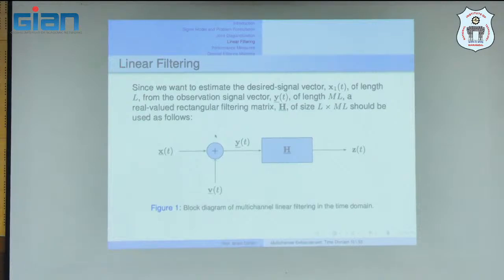Why is it easier to work in the transform domain instead of in the original time domain? Remember we started in the time domain, then we worked in the frequency domain. Why did we move to the frequency domain? Because maybe in the frequency domain it's easier to separate the signals from the noise.